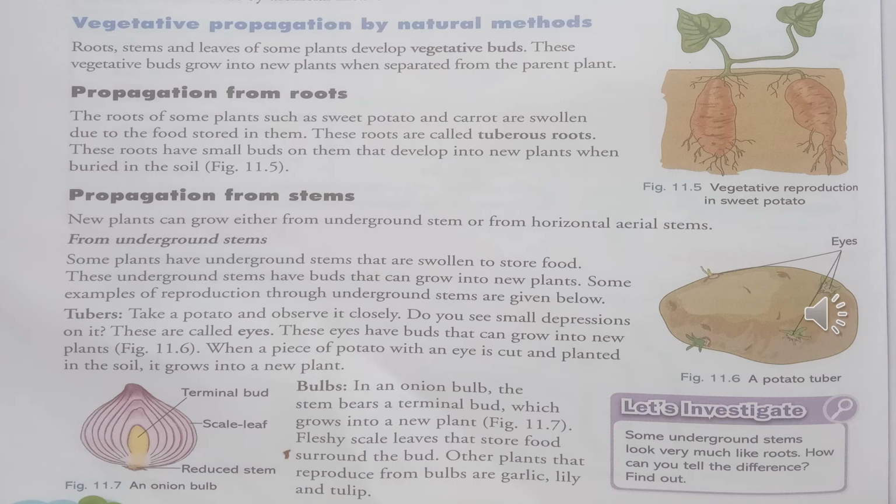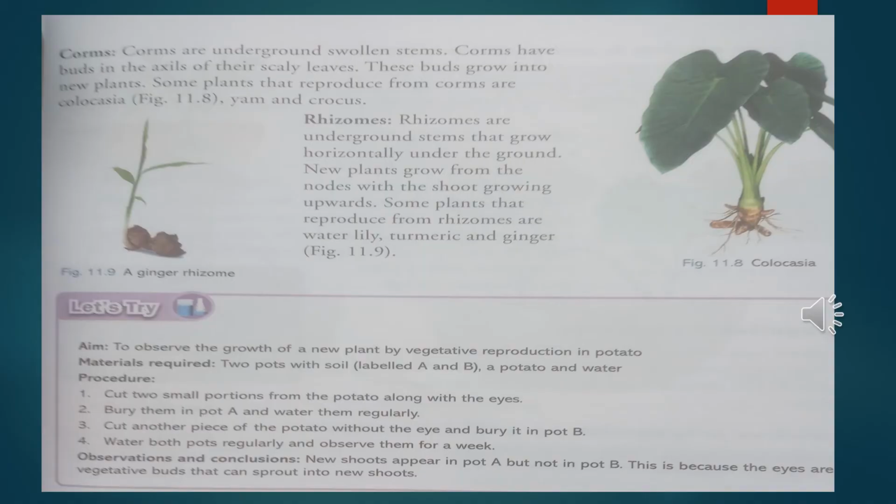You can also see the fleshy scales, which are also called leaves. The food is stored in their fleshy scales, which are surrounded by buds. Other plants which have bulbs are garlic, lily, tulip, etc.